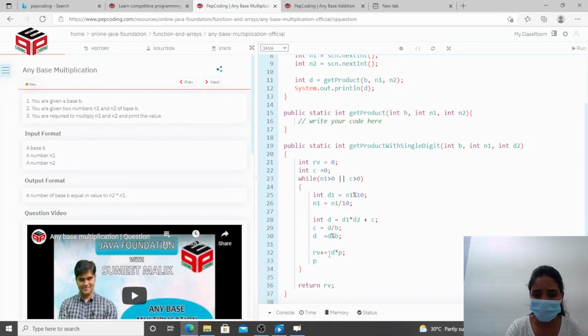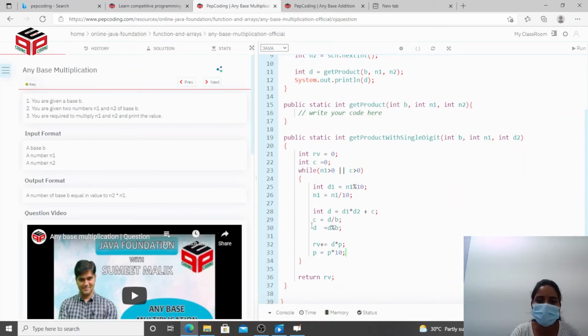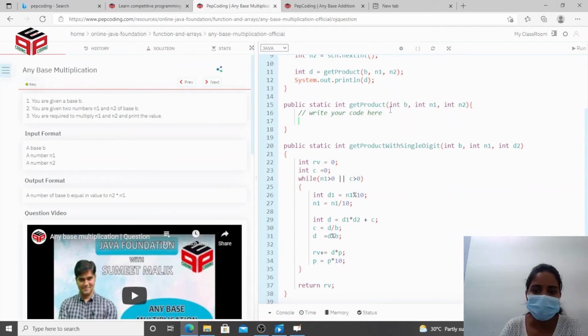We know why we are doing this. 3 multiplied by 10. So this is how we get our result when we multiply n1 with a single digit. Now we know how to multiply a number with a single digit. Now let's move to our original function.